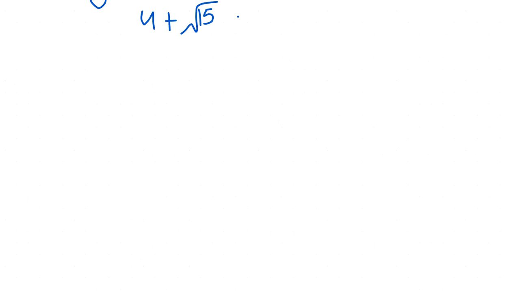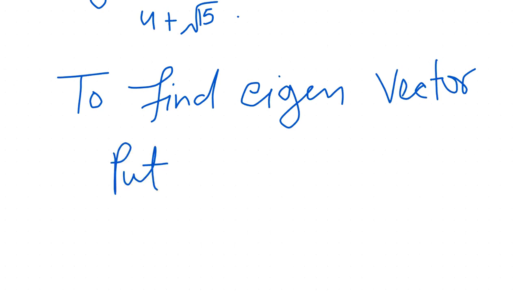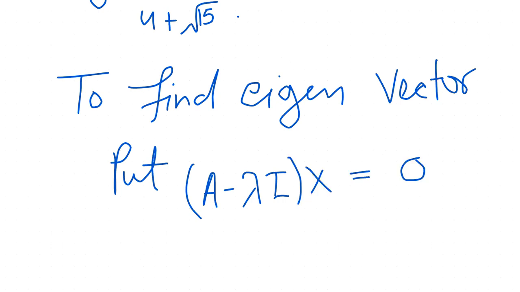So to find eigenvectors, put (A minus lambda I) into X is equal to 0, the null matrix, that's the zero matrix.